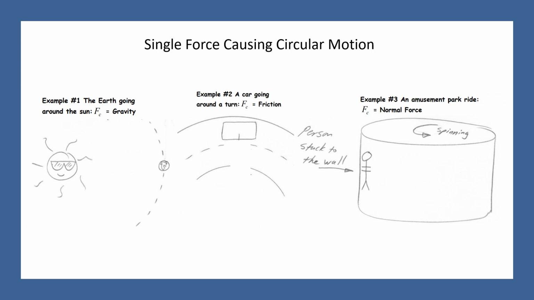So the interaction between you and the wall is what's actually making this centripetal force. I want you to draw where these forces are with your neighbor. So go ahead and pause the video, and then we will come back to see these drawings.